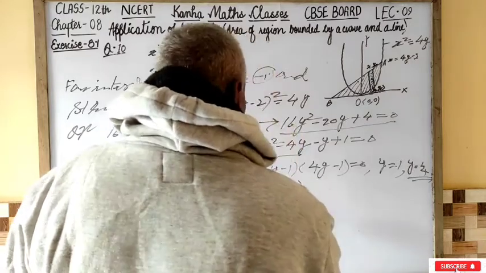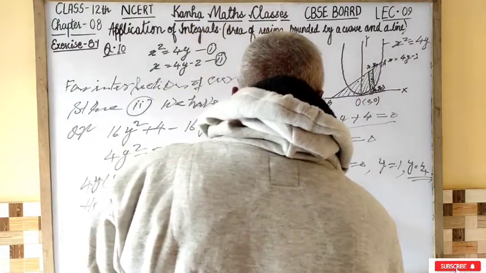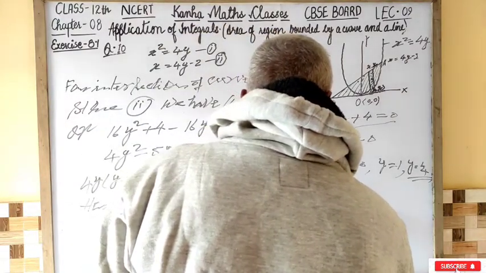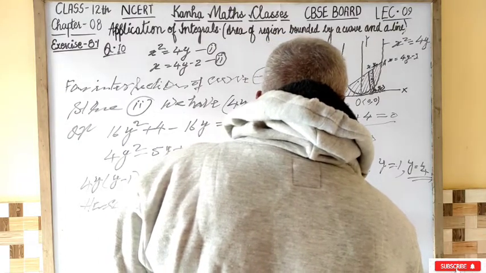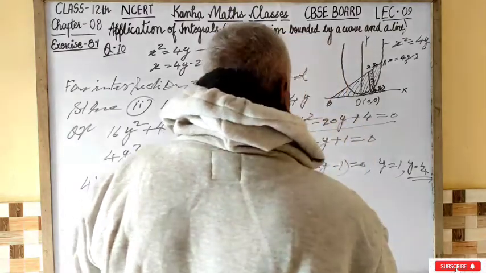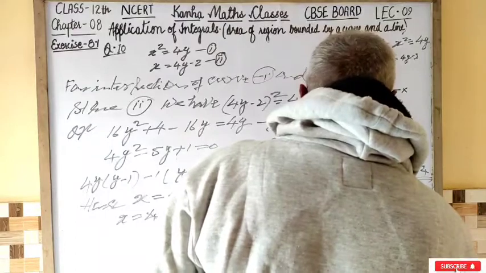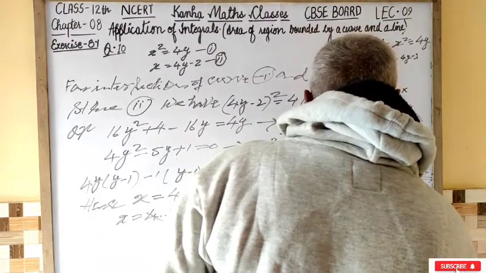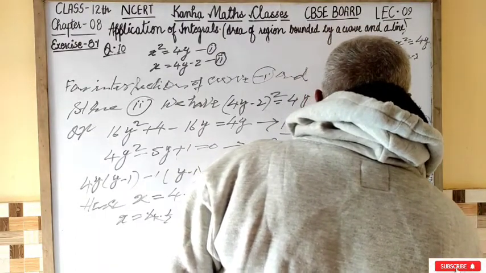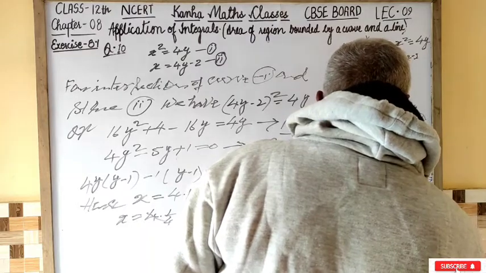Hence x is equal to minus 1 and y is equal to 1 by 4, so the point of intersection will be minus 1, 1 by 4.